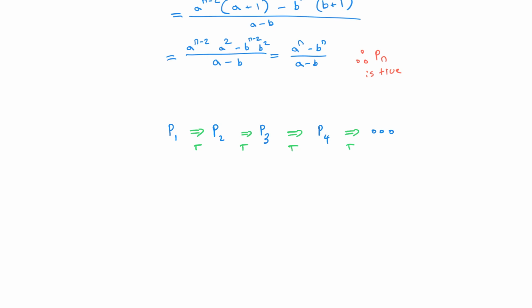Now that doesn't actually show that any of the statements themselves are true. That's actually what we do in the base case. In the base case, you say, okay, we're going to return to 1 and show that the statement is true about 1. And once it's true about 1, because we've set things up in the inductive step, then it's also true about 2. And then it's also true about 3. And then it's also true about 4.